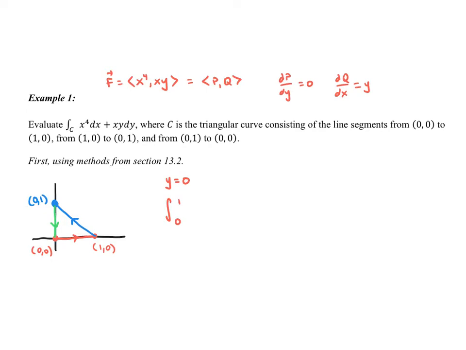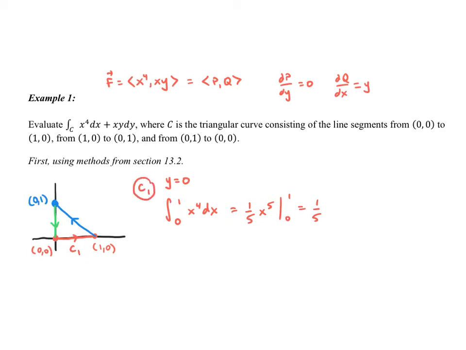We have x to the fourth dx. So I'm back here in the line integral. Since y is 0, this entire second portion is 0. And we are left with the antiderivative of 1/5 x to the fifth from 0 to 1, and we get 1/5. So let's call that C1.